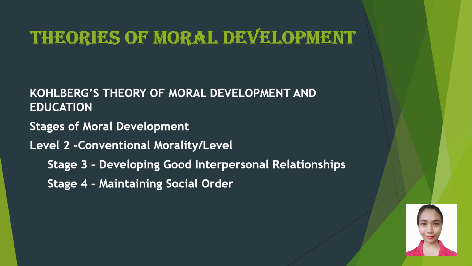So, the first stage here, stage 3, is developing good interpersonal relationships. This is also referred to as social approval in other books, but it is the same. Developing good interpersonal relationships is often referred to as the good boy, good girl orientation.